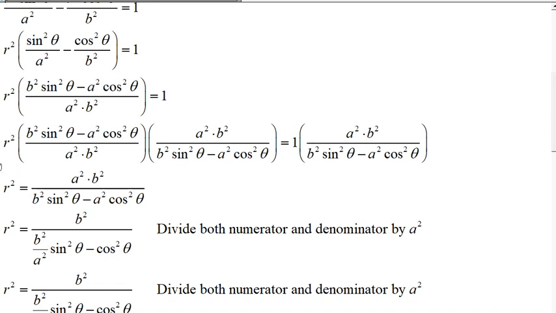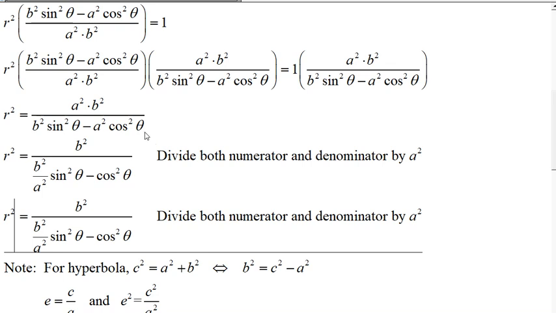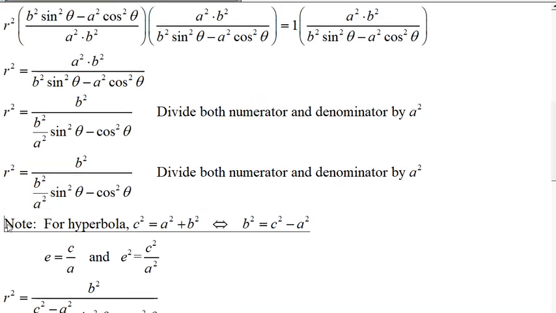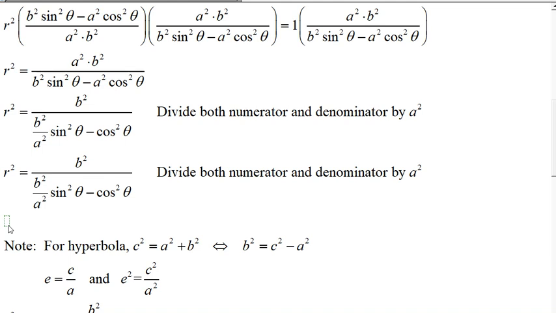On the right side, we have a squared b squared divided by b squared sine squared theta minus a squared cosine squared theta. And this is the polar equation, but let's simplify it a little bit more. Let's divide the numerator and the denominator by a squared.